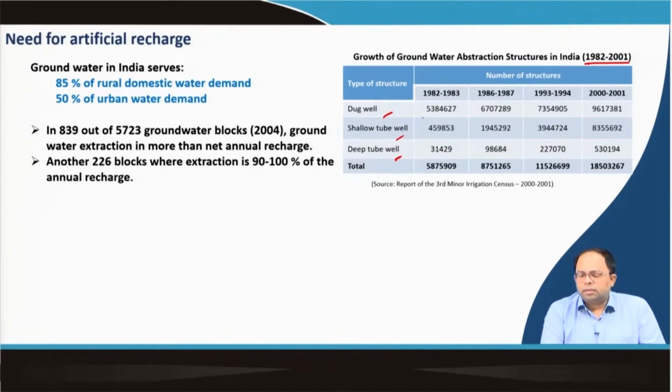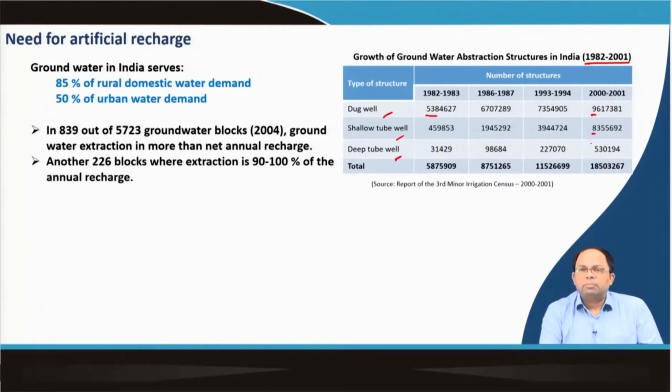The total number of dug wells during 1982 was around 53 lakhs, whereas it has increased to 96 lakhs in the year 2001, and now it must have increased further. Shallow tube wells were around 4 lakh 59,000, whereas it is around 83 lakhs now.